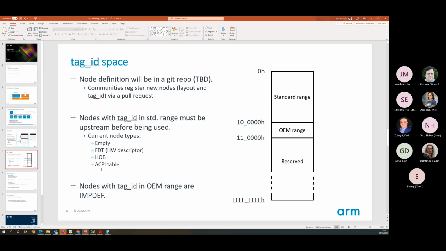So we need to accommodate the different types of information that people are exchanging, but certainly some platforms won't use all of the node types. It might be that some platforms just use HOBs. Some of them might focus a bit more on the FDT.